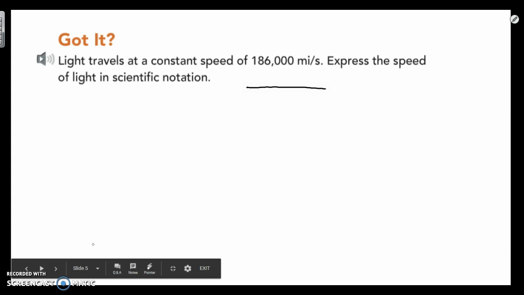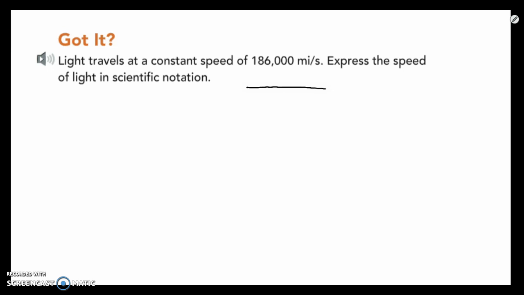Alright, try the next one on your own. Light travels at a constant speed of 186,000 miles per second. Express this number in scientific notation. Alright, so we have 186,000. Our decimal is located behind our last 0. To write this in scientific notation, we must move our decimal so we have a non-zero number to the left of our decimal.